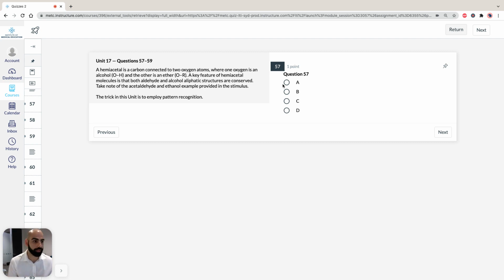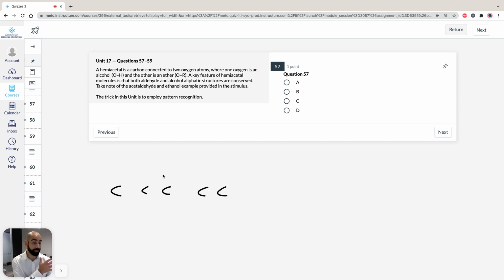So if we take a look at question 57, we can utilize that same principle. It asks which of the following structures represents the hemiacetal that exists in a solution of propanol and ethanol. Without even looking at the options, we can just draw it, because the aliphatic structure is going to be conserved. We have propanol, so 3 carbons, and ethanol, so 2 carbons.